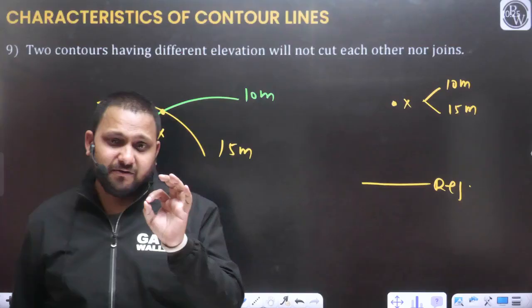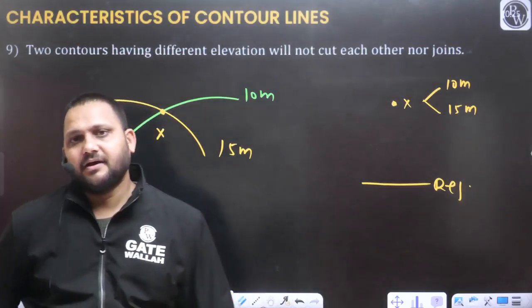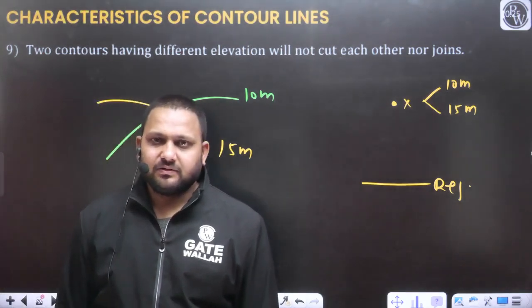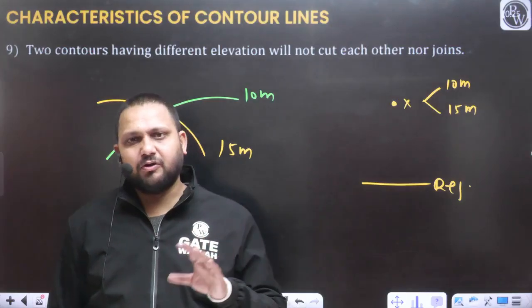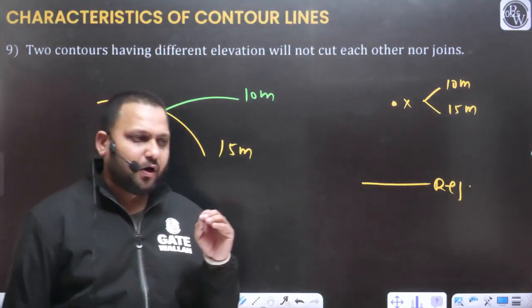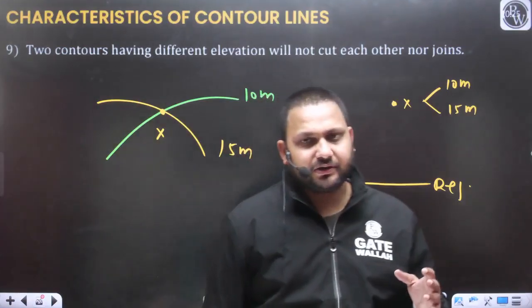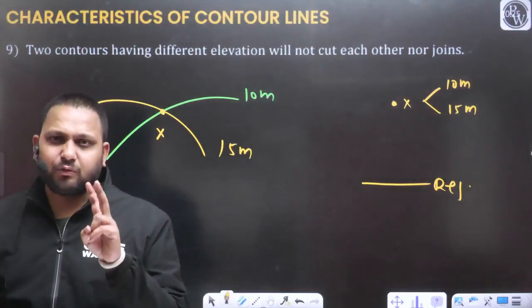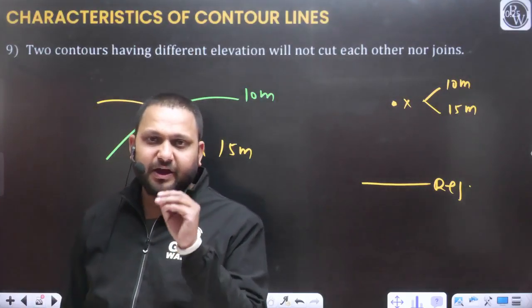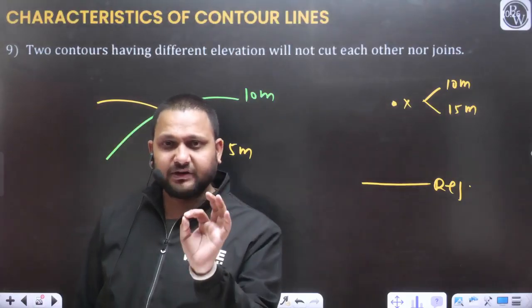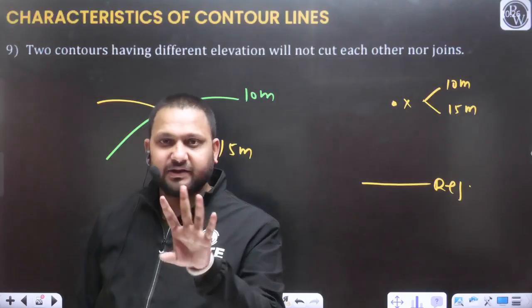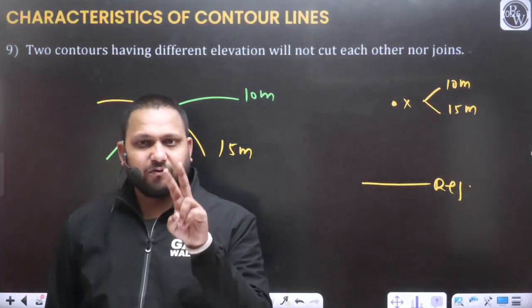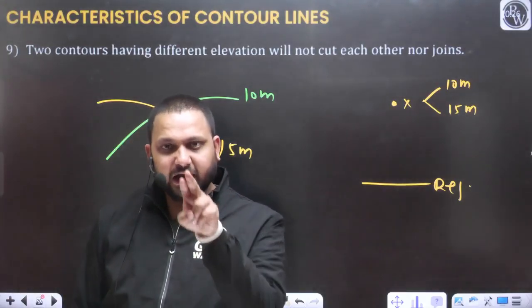But I am mentioning the word generally. So two contours having different values should not join at a point, or you can say they should not intersect each other, generally. But there are two important exceptions where you will see contours of different elevation intersect each other, and contours of different values will join at the same point.